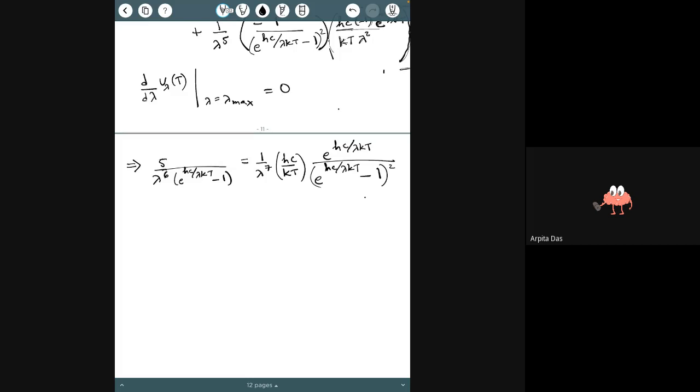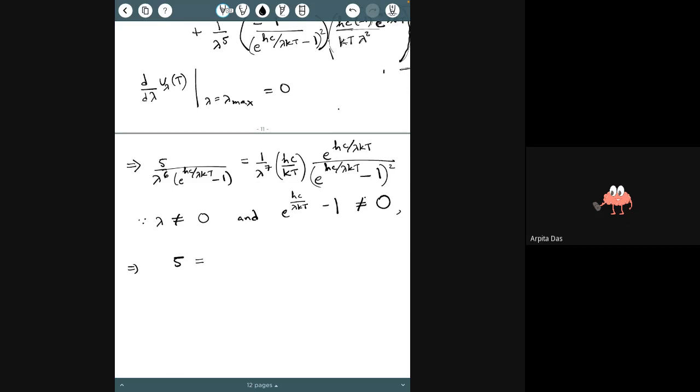Now, since lambda is not equal to 0, and e to the power hc by lambda kt minus 1 is also not equal to 0, since they are both not equal to 0, my maximum point is basically where the derivative is 0.